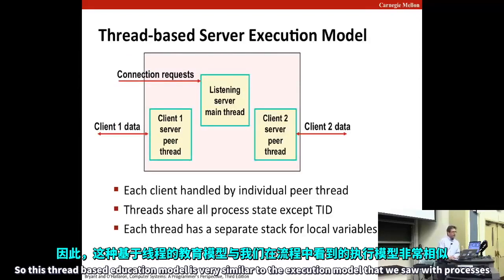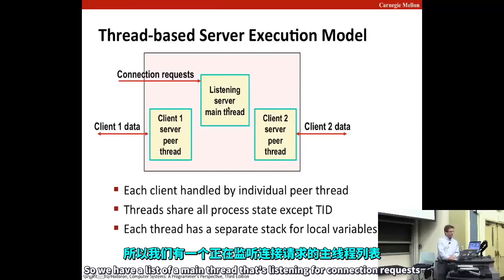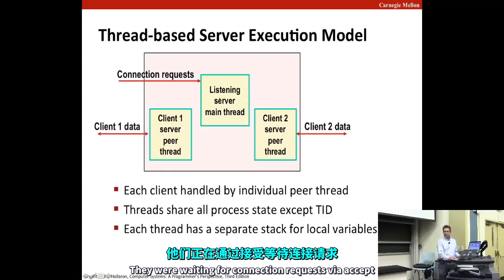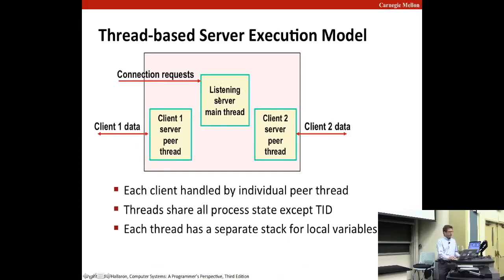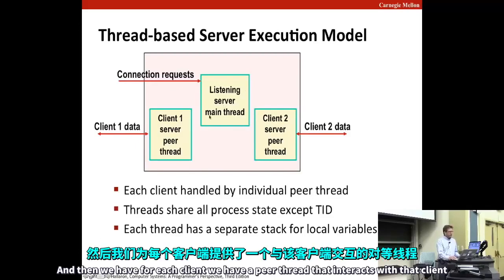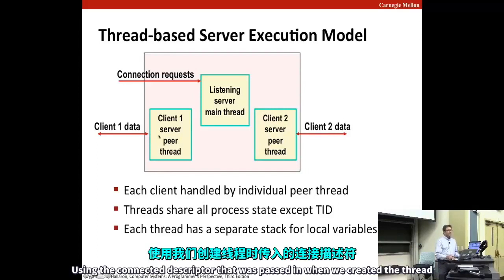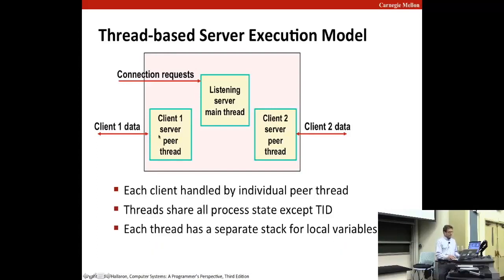So this thread-based execution model is very similar to the execution model that we saw with processes. We have a main thread that's waiting for connection requests via accept. And then for each client, we have a peer thread that interacts with that client using the connected descriptor that was passed in when we created the thread.